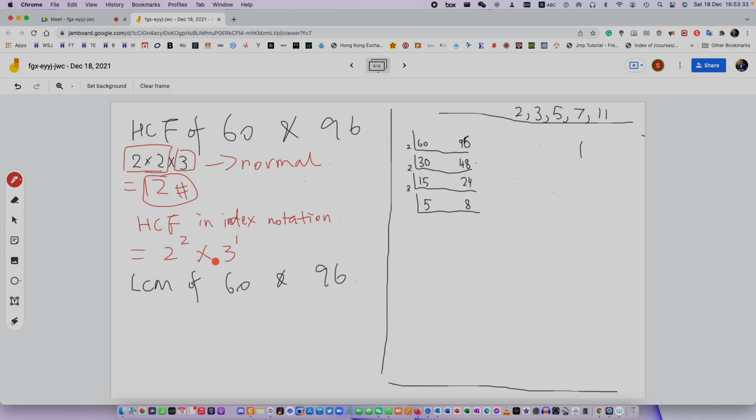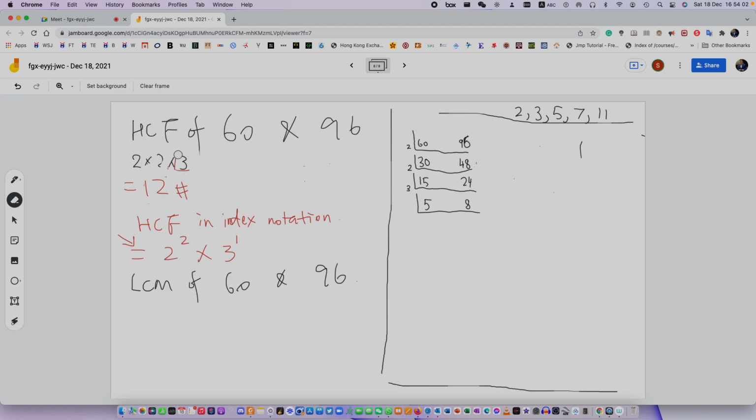And in between you put a times. So this answer is HCF in index notation. The answer 12 is the answer if they never ask you to put index notation. Are you clear when you are supposed to write 12, and when you are supposed to write 2 to the power of 2 times 3 to the power 1? Okay, good.